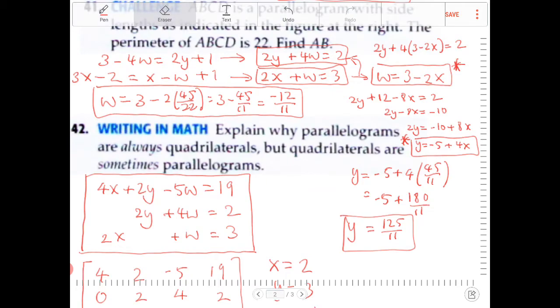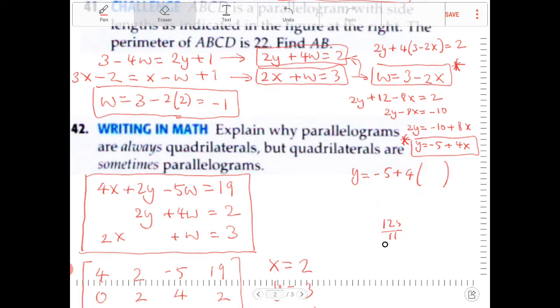Okay, so therefore, w, going back to this, will equal -1, and y will equal 3, right? Since x is equal to 2, y will equal 3.